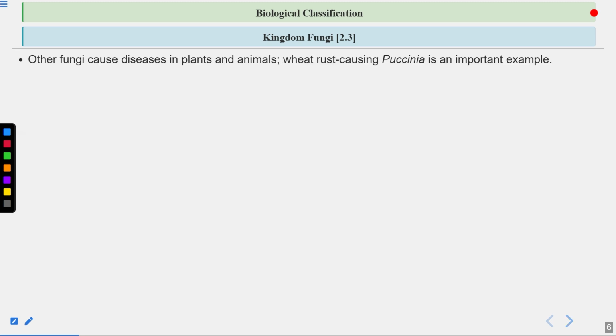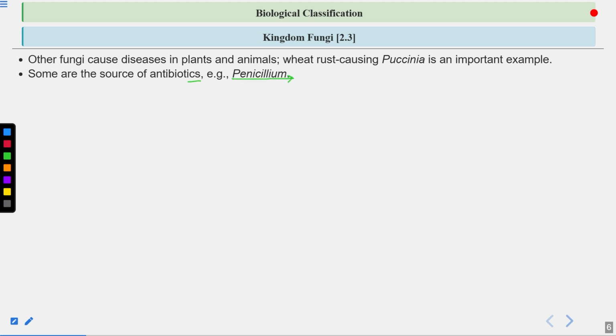Now, fungi can cause diseases in plants and animals. Then again, there is a rust-causing fungus known as Puccinia. So again, you should remember this. This is again a parasitic fungus. These fungi are causing disease in the plants. Some fungi are a source of antibiotics also, like penicillium. This is the fungus.